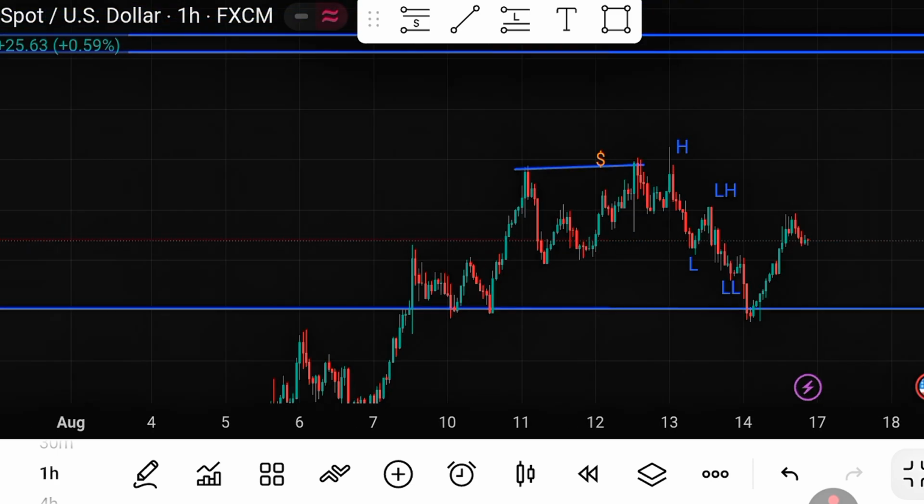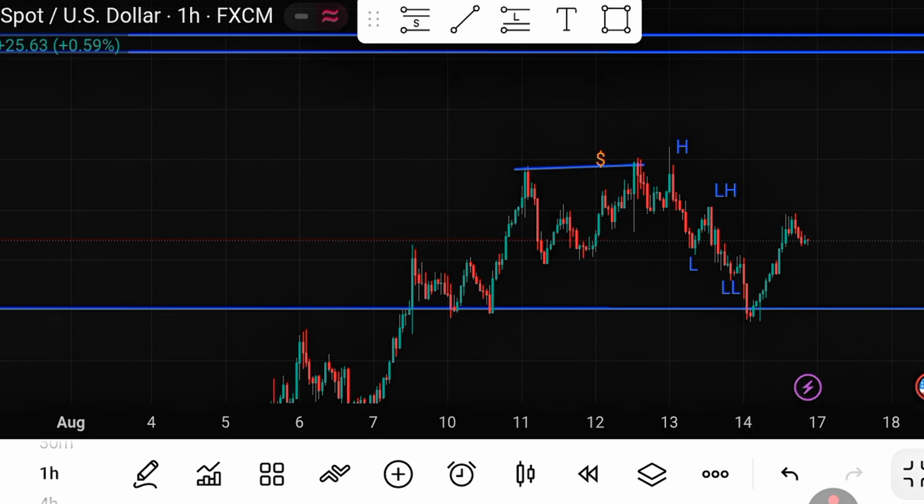You can see this is a gold chart, the 1 hour time frame. It's already marked out. You have a high, you have a low, you have a lower high, and you have a lower low. Now that establishes our first step, which is our direction, our structure.